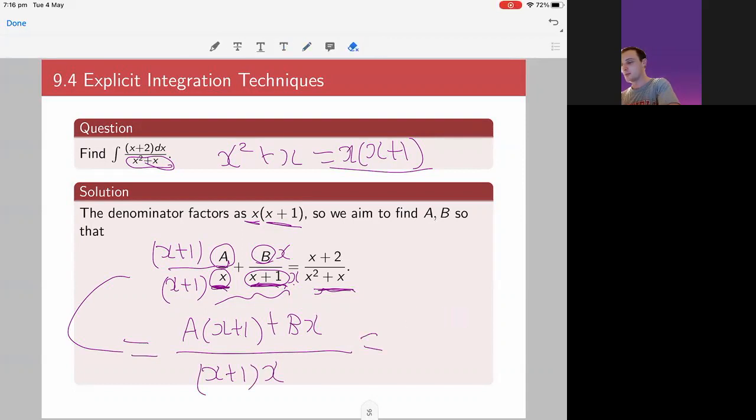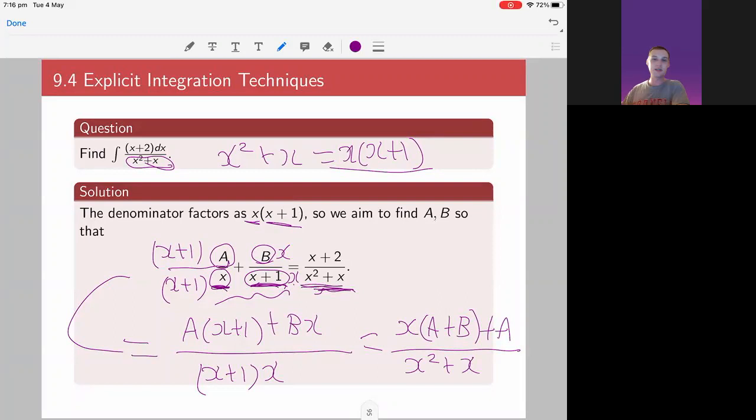Actually, I'll simplify that a bit differently. This is going to be x of a plus b plus a, divided by x squared plus x. So what I really want is these two numbers a and b chosen so that this fraction is the same as this fraction here.